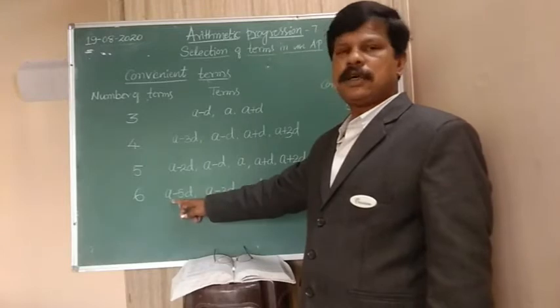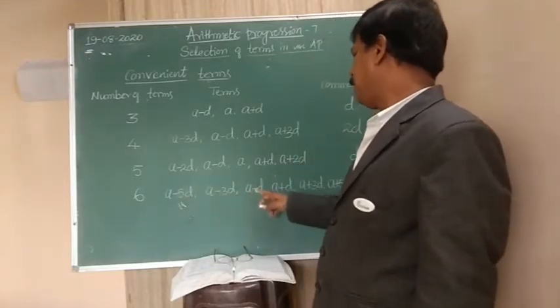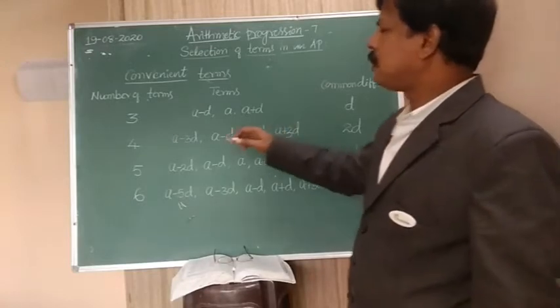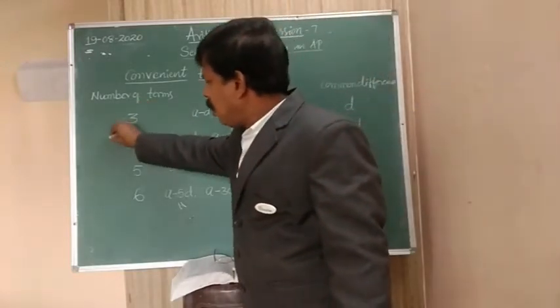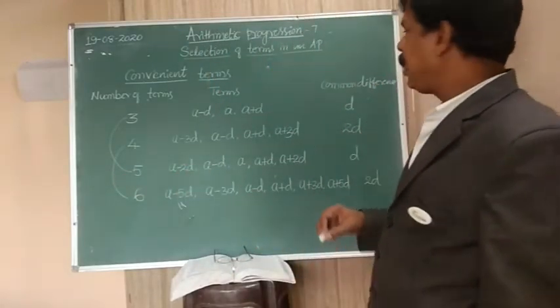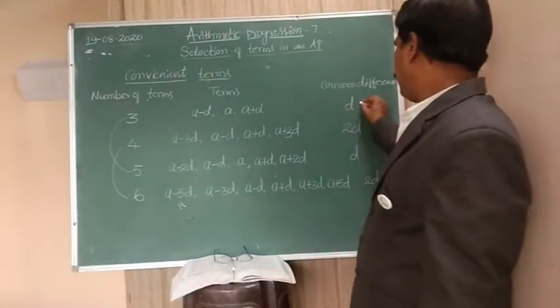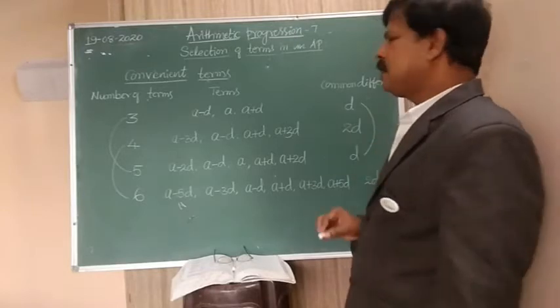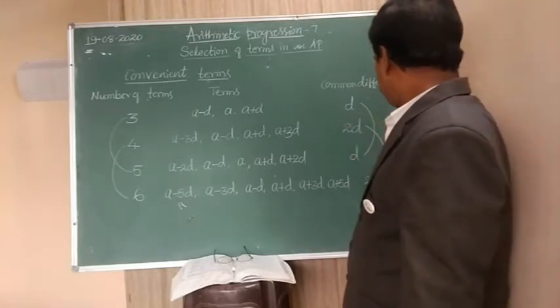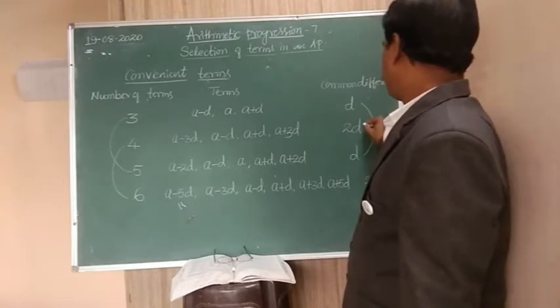Now for 6 terms: 5d, 3d, d, d, 3d, 5d. Now look at this: for odd numbers of terms the common difference is d, and for even numbers of terms the common difference is 2d.